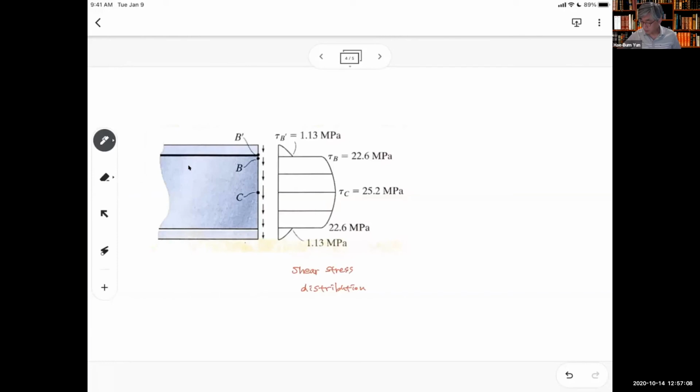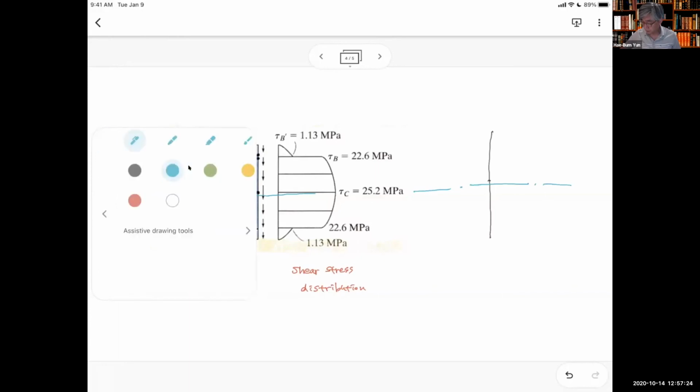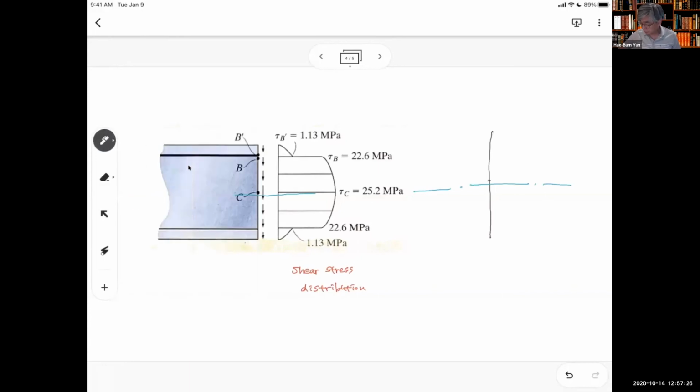So bending stress distribution, and this is neutral axis. So then this is a neutral axis.